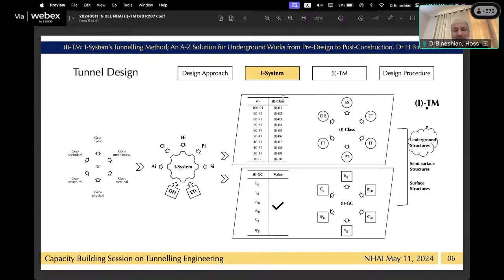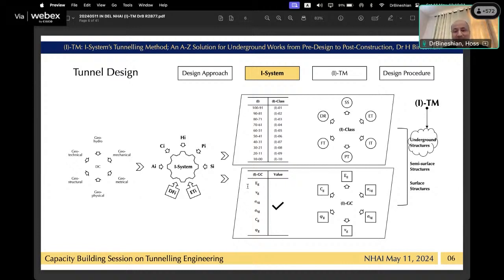The I-class, or classification output of I-System, provides you the support system you require to advance, the excavation technique that makes your advancement safe, the instrumentation technique, IT, which is required to control and monitor the deformation, PT or prevention technique that refrains collapses and incidents, FT or forecast technique that proposes how to predict the ground ahead of the faces, and finally design remarks, how to redesign your faces while you are moving ahead.